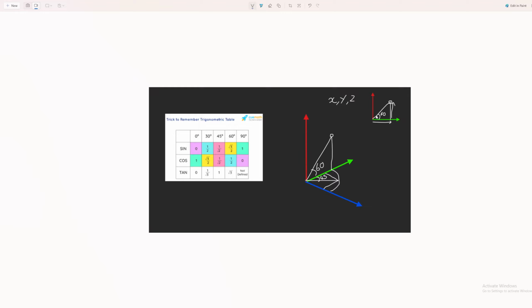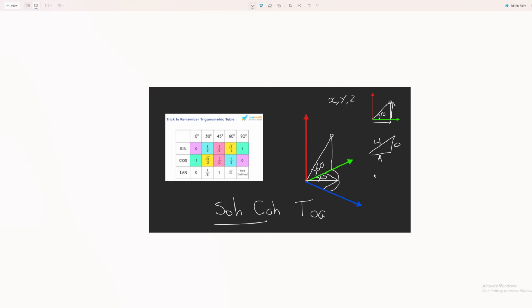So we want to figure out this. On your triangle you have your H for hypotenuse, O for opposite, and A for adjacent. And we were taught SOH CAH TOA. So sine theta equals opposite over hypotenuse.